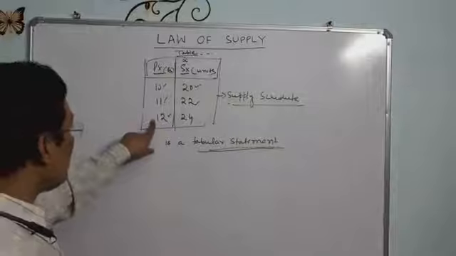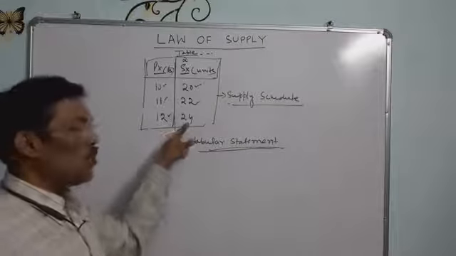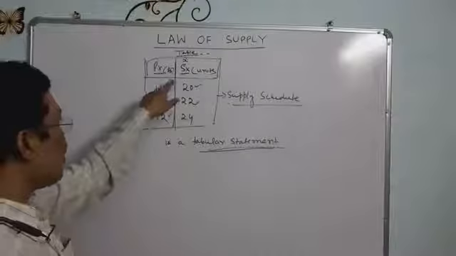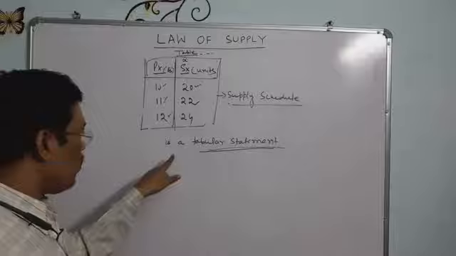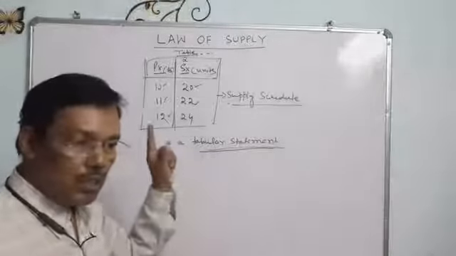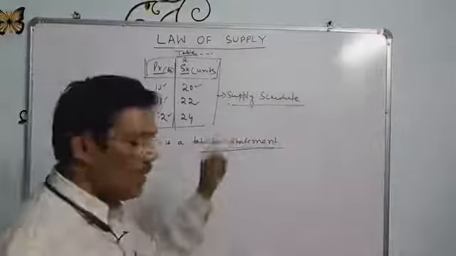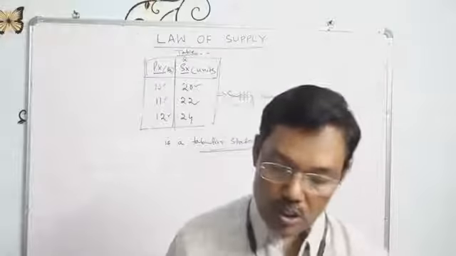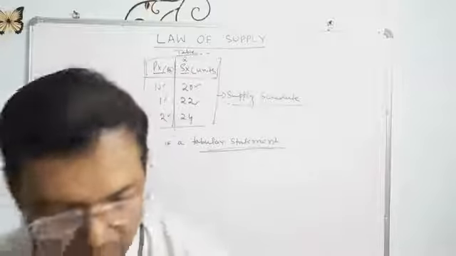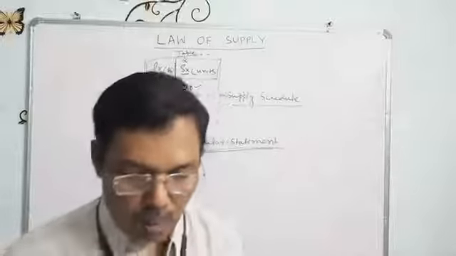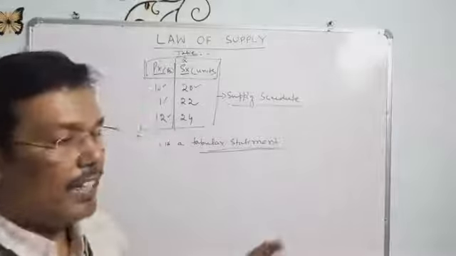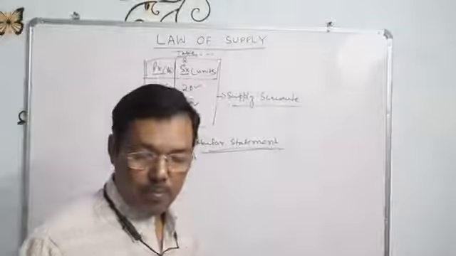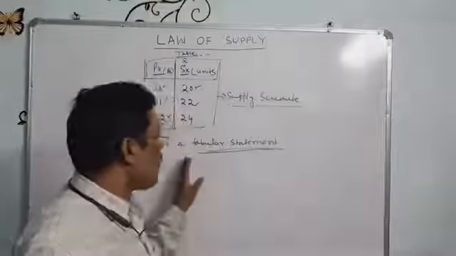Similarly, when the price is 12 rupees, the quantity supplied will be 24 units. That is the expression of this table, so we may write here that a supply schedule is a tabular statement which shows the different quantities supplied of a commodity at different prices at a given time or per unit of time. This is called the supply schedule.